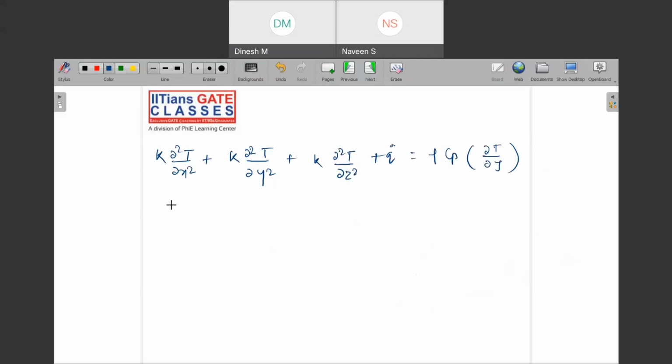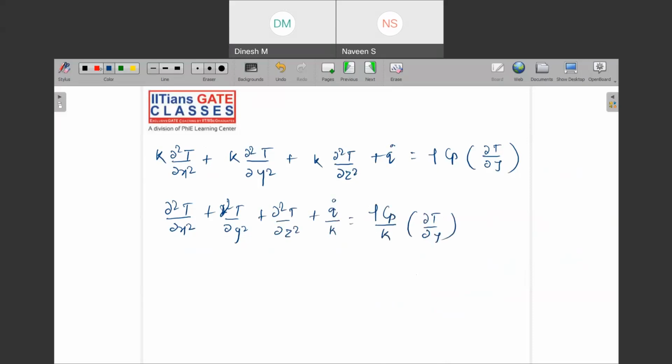So now, can you see one thing, that k I can take common from all the sides. So now I can write del square T upon del x square plus del square T upon del y square plus del square T upon del z square plus q dot upon k is equal to rho cp upon k into delta T upon delta tau.